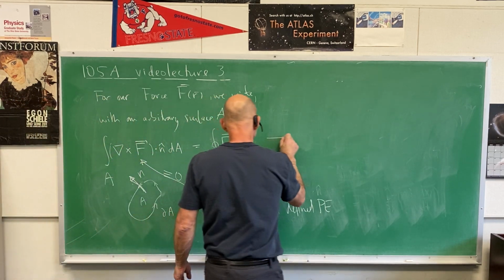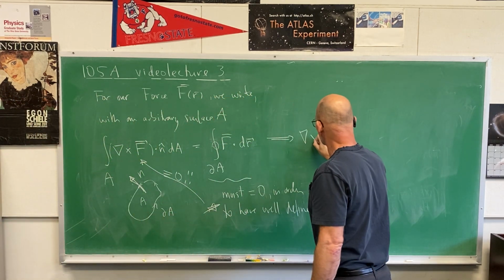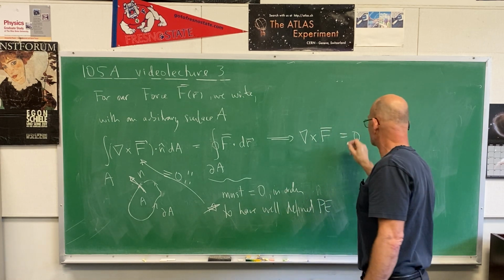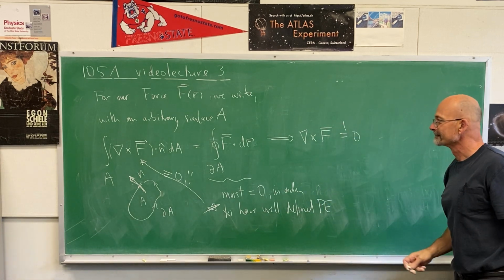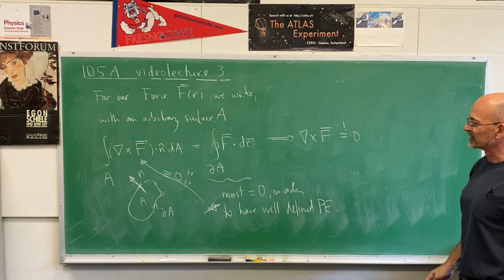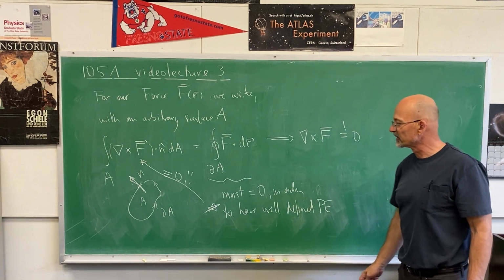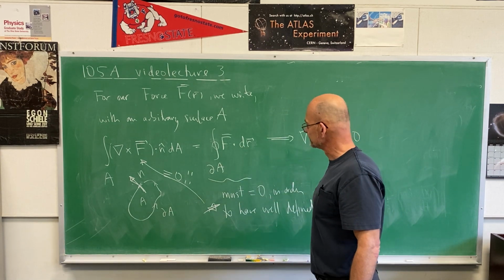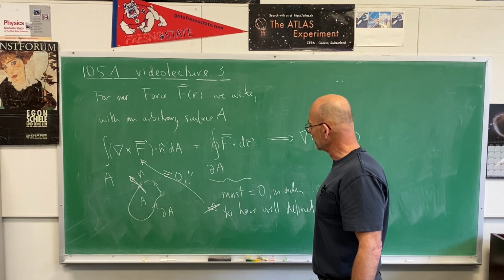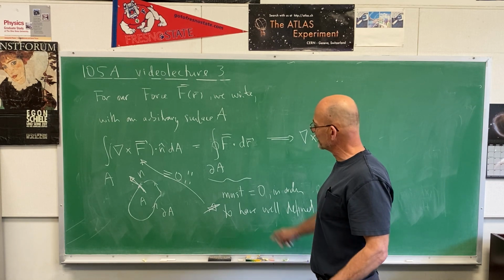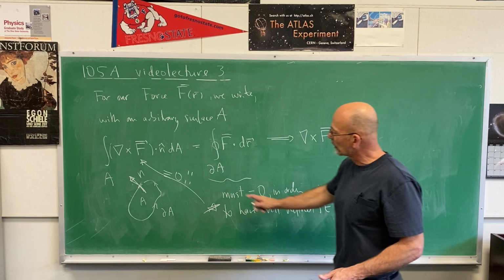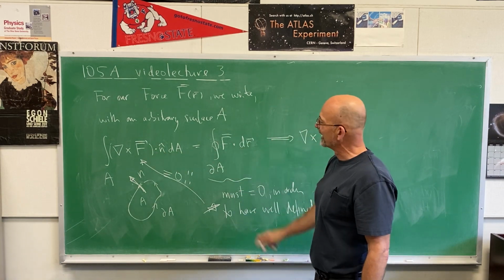So yeah, curl of F equals 0. Okay. So there we have it. A potential energy function is well defined if the integral over this force is independent of path. That's what it means for the closed integral to be 0. And that's going to be the case when the curl of this function F vanishes.